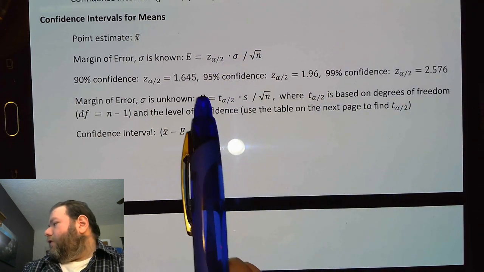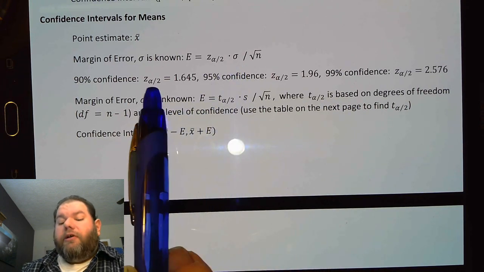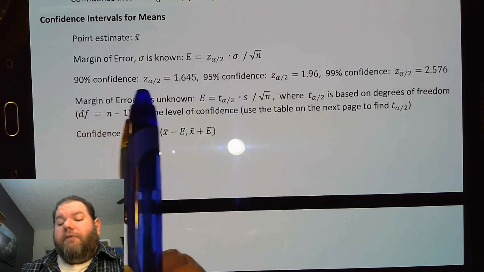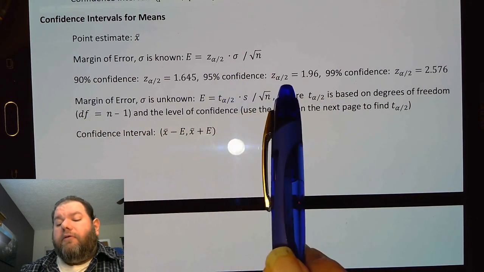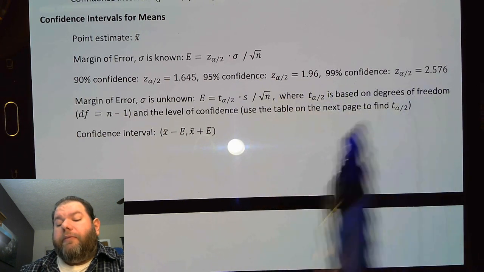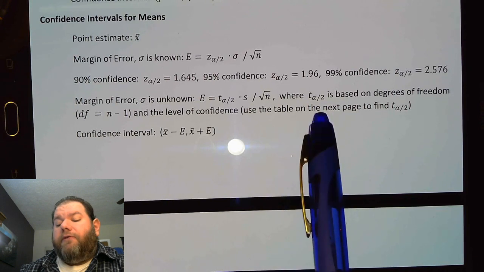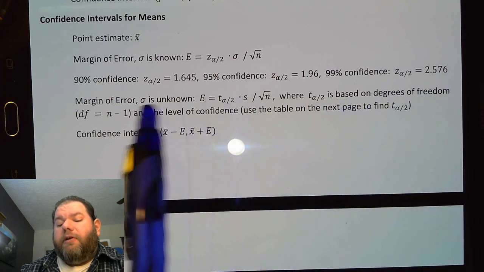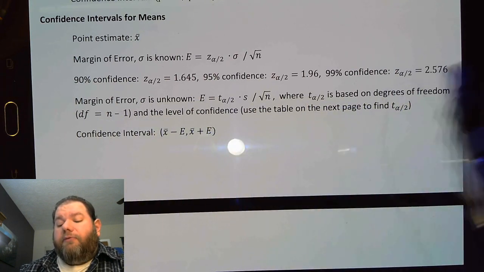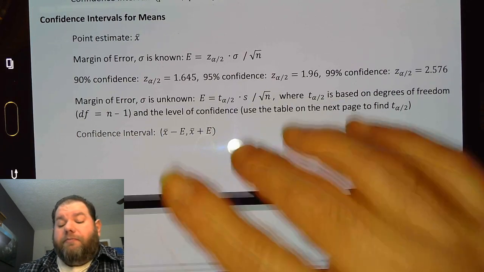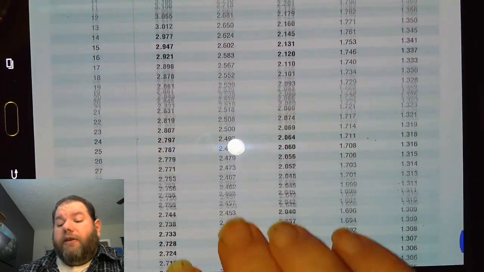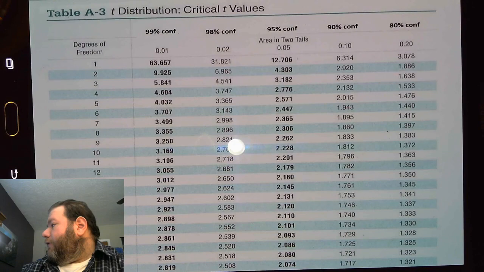For z alpha over 2, we have very clear-cut values depending on the level of confidence. But for the margin of error if sigma is unknown, t alpha over 2 is based on degrees of freedom and the level of confidence, which is on the next page. Okay, and that's this table that we looked at last time.